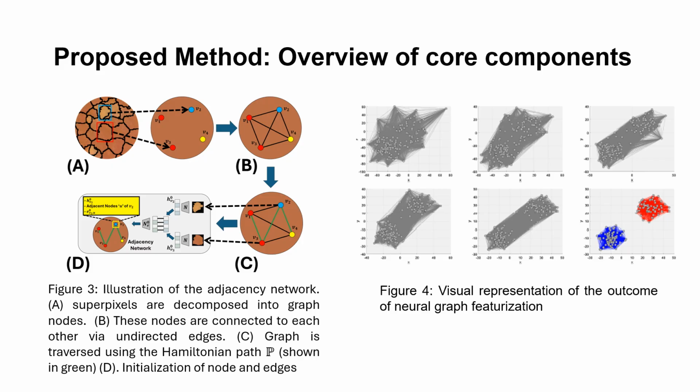This process iteratively updates and propagates features across the graph, facilitating the refinement of both node descriptors and edge connections. The different iterations are shown in the figure, and you can see that after the convergence, two distinct clusters of lesion and healthy pixels are formed. Once the convergence is achieved, we perform a graph cut to partition the graph into two disjoint subgraphs.